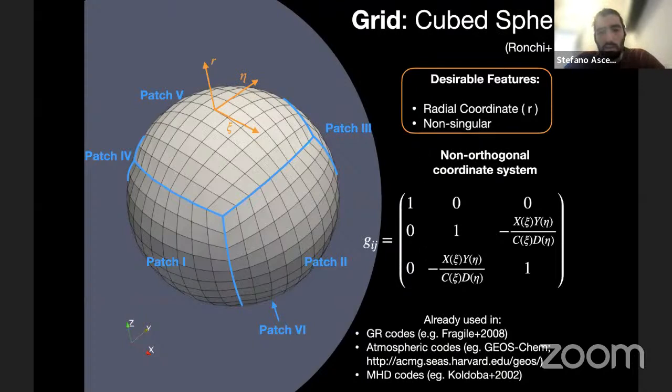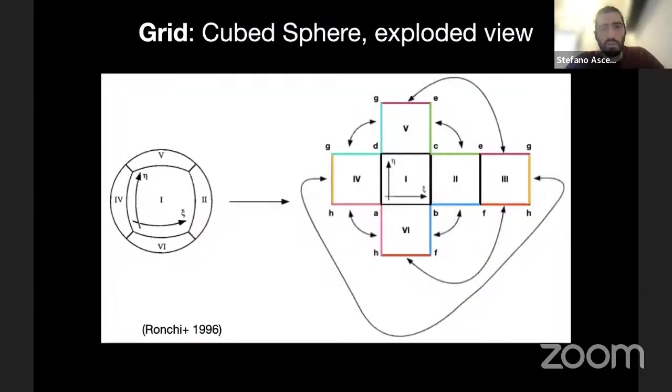But we know that using this grid, even if it complicates the problem, is something feasible, because this kind of grid has already been used in the past in other kinds of codes, for example, in GR codes, in atmospheric codes, and also in magneto-hydrodynamic codes. So we were quite confident that we can use this kind of grid also in our problem.